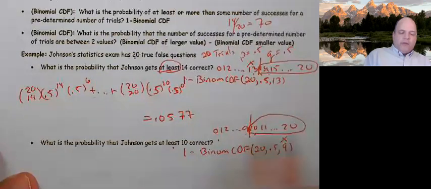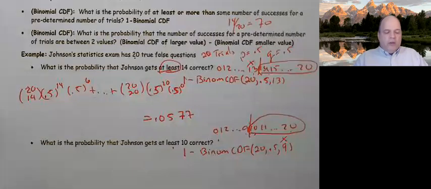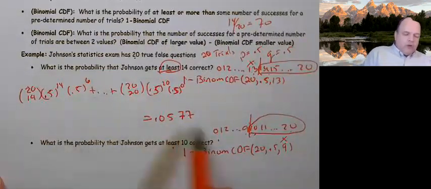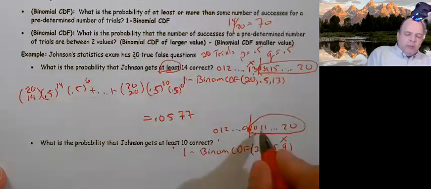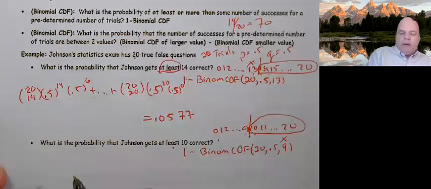Remember, this 1 comes from the binomial CDF of 20. So if you wanted to do the binomial CDF of 20 minus the binomial CDF of 9, it would work. So work shown, the sum of what we want: the PDF of 10 plus the PDF of 11 plus through the PDF of 20.